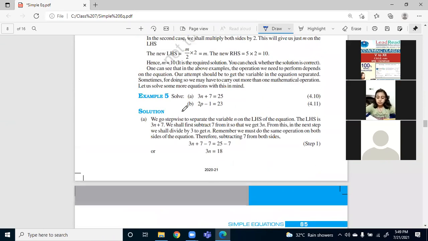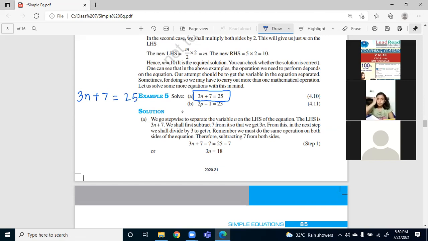Okay, so I'm telling you how to solve a simple equation. You can see this simple equation which is given on the screen. So how am I solving it? Look at the screen.